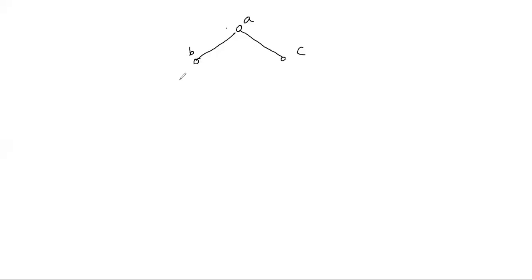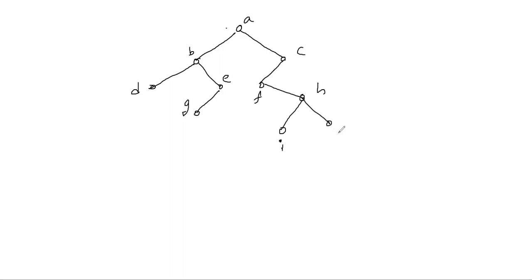A, B. Next D. Next E. Next G. Next C. For C, here I think it is a left. Left F. Next H. Next I, J. So now for this graph, listen with a cool mind what I am saying.